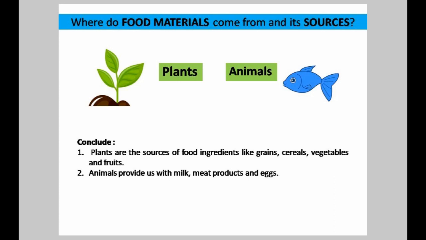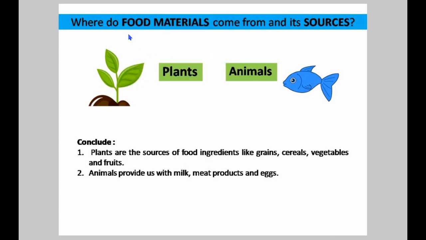For example, in our childhood we had cereals करके कुछ खाते थे. उसके बाद हम लोगों ने थोड़ा बहुत दाल वाटर भी पिया होगा. उसके बाद बड़े होके we started eating junk food, we like Maggie, pasta and so many different things. But the question is again the puzzle for us, where do these food materials come from?